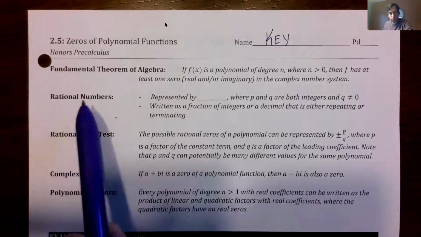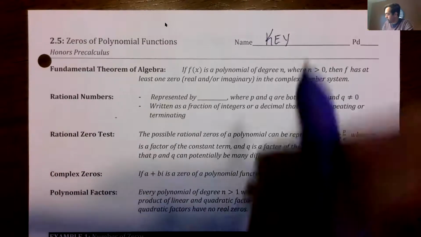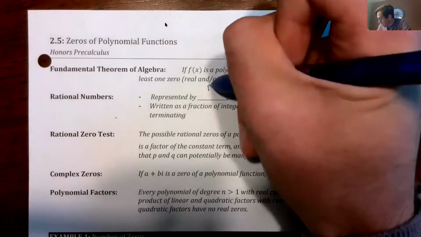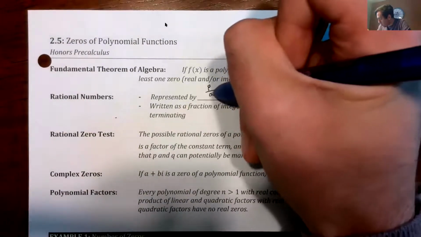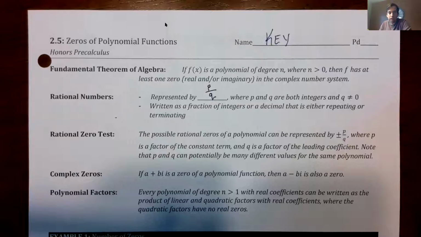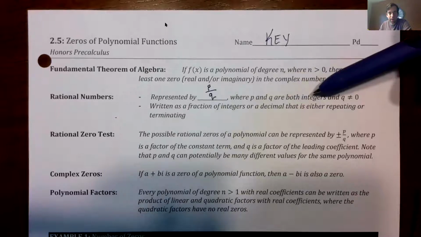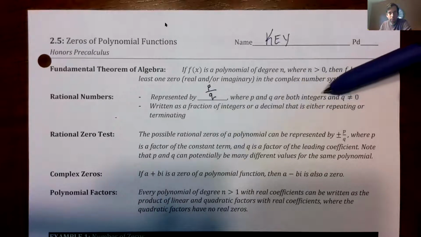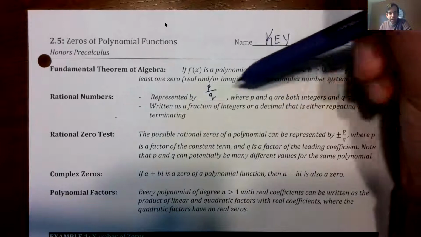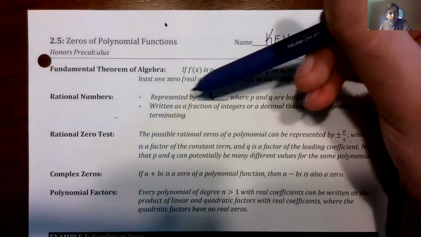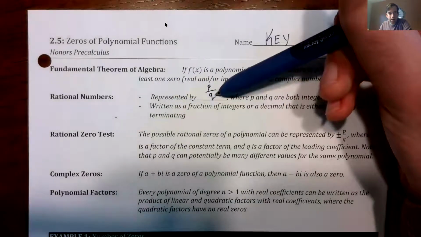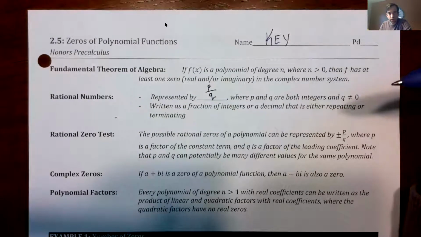So in case you forget what a rational number is, we can always represent it as p over q, where p and q are both integers and q is not equal to 0. Remember, an integer is a positive or negative whole number, a number that you would commonly write on a number line. And so any rational number can be represented by p over q, where p and q are both integers.